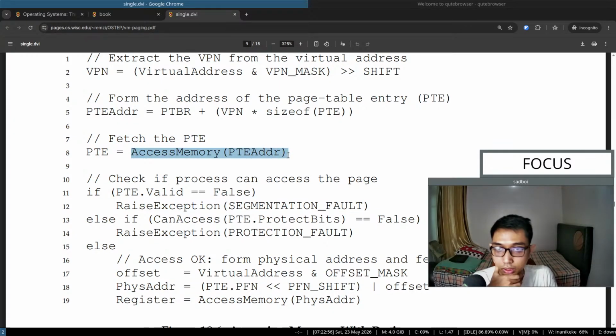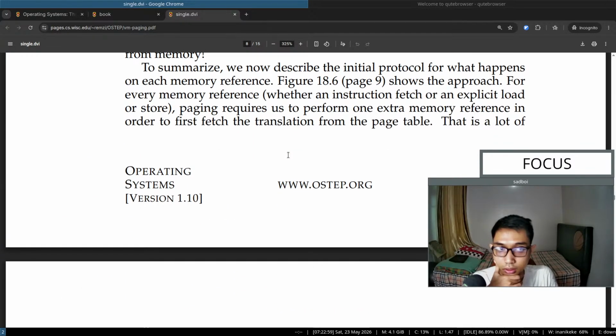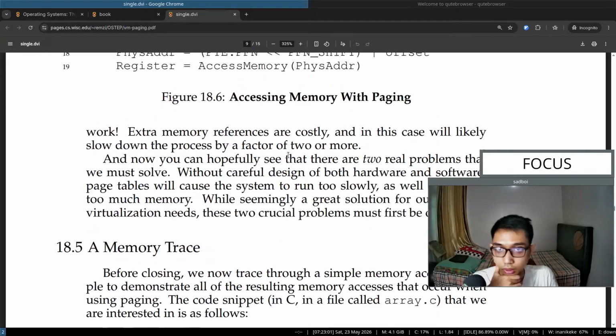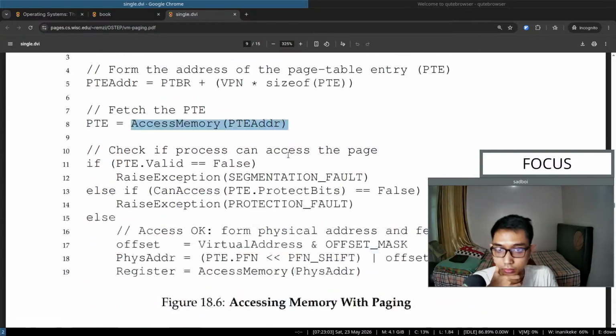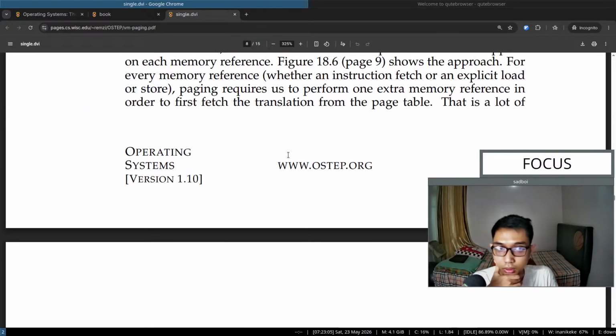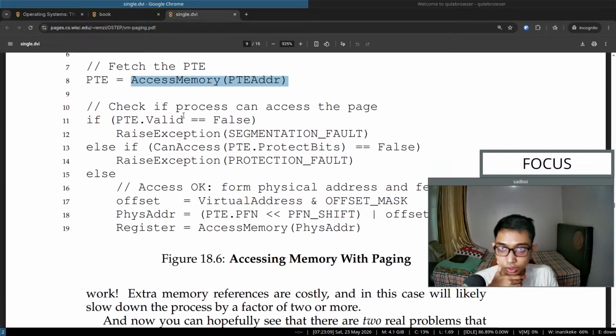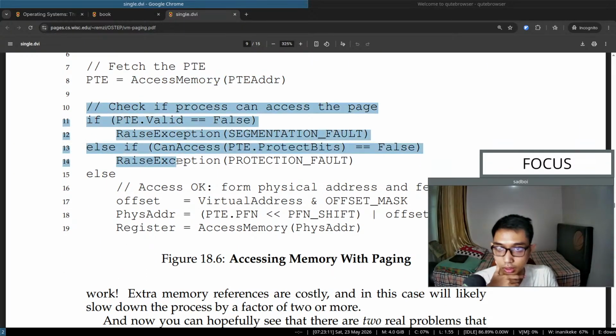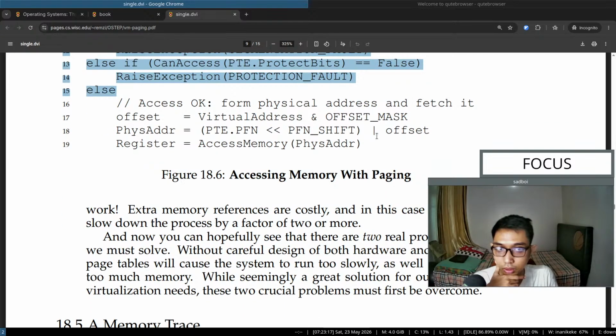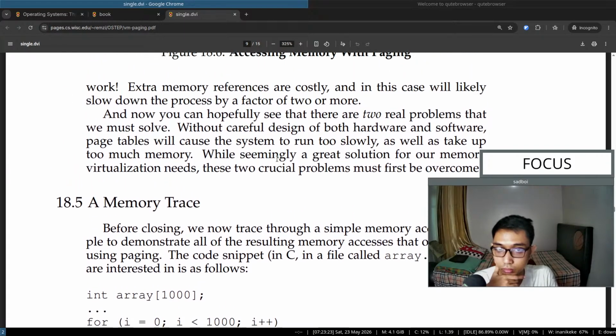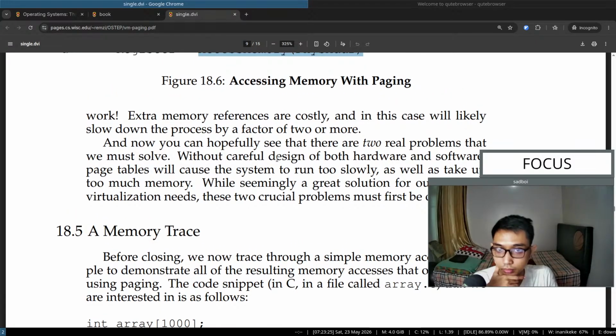Maybe this one, the extra memory reference. Okay. And then after checking the page table entry, we can finally access the physical address. Maybe something like that.